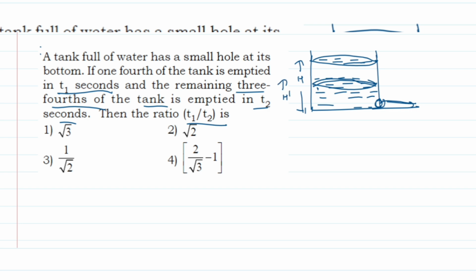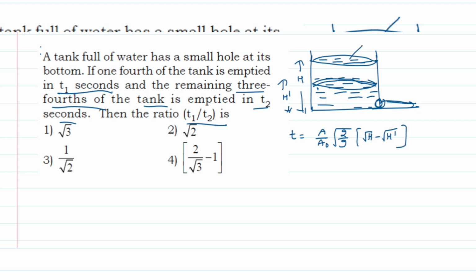The time to decrease the water level from height h to height h dash has a formula: A by A naught into 2 root over 2 by g into square root of h minus square root of h dash.